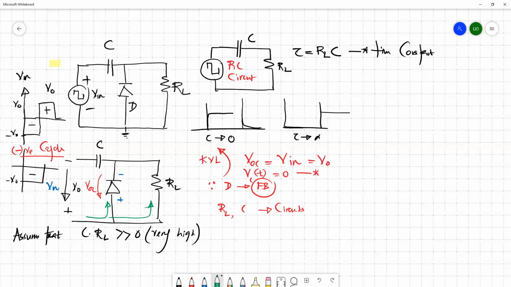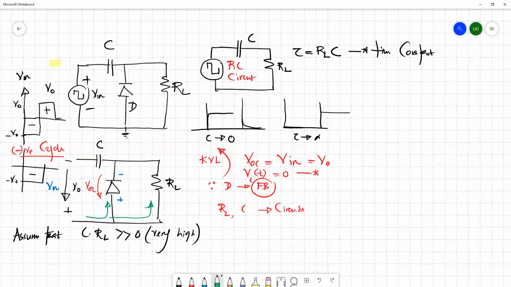So if we select the path through the load resistor, we will get a circuit like this. So we will end up with an RC circuit where the time constant is pretty much high.